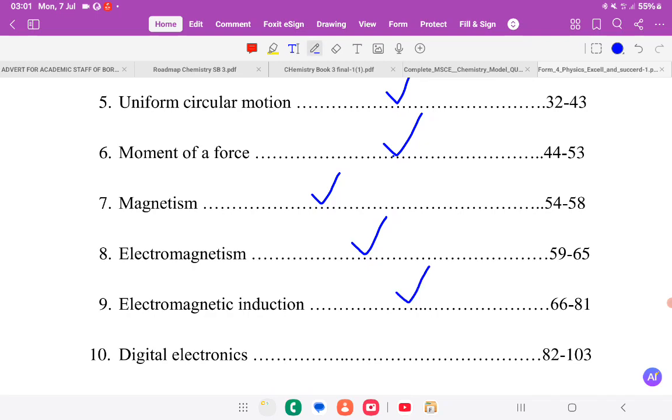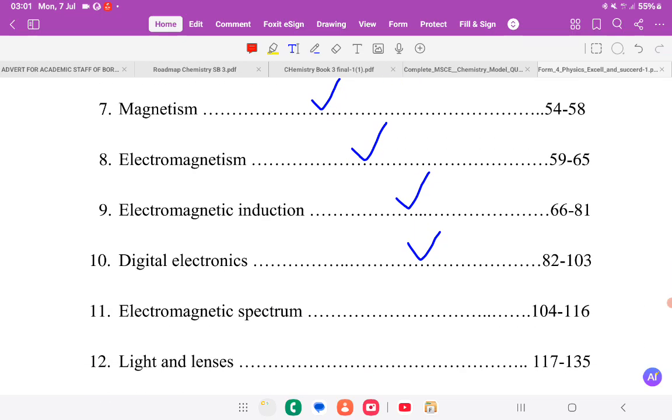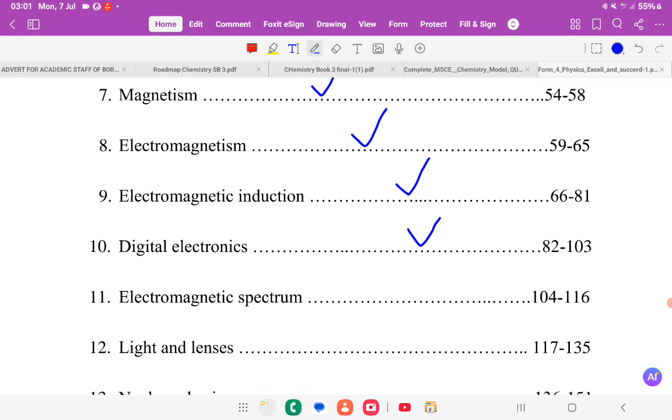Then topic number 9 is electromagnetic induction, and then digital electronics. Right, topic number 11 is electromagnetic spectrum, which is a topic falling under the core element called waves and vibrations.